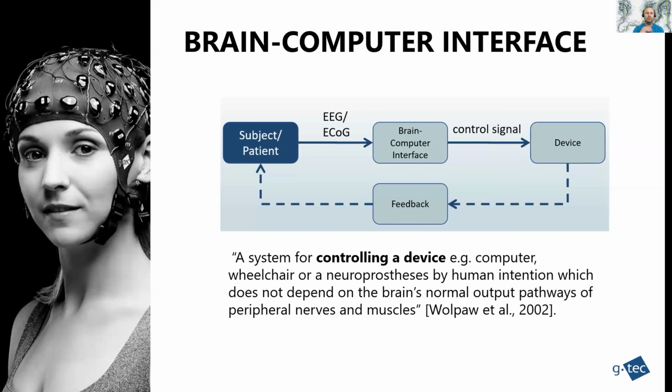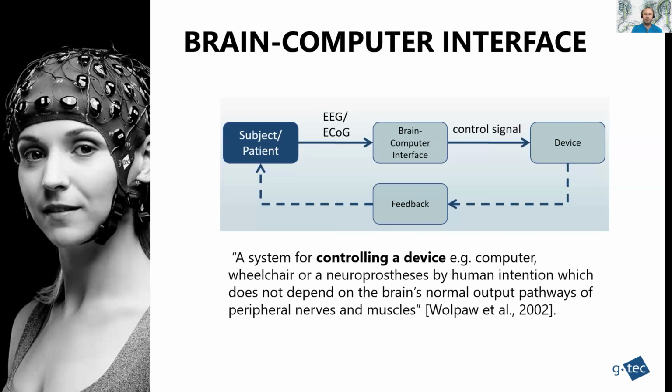So maybe some of you already saw this slide a couple of times. For the BCI concept, we have our subject or patient where we measure our brain activity. As I said, today surface EEG, but it can also be ECoG, as we saw this morning already. And the BCI, the brain-computer interface, is analyzing the brain signals, and we get a control signal to control the device.